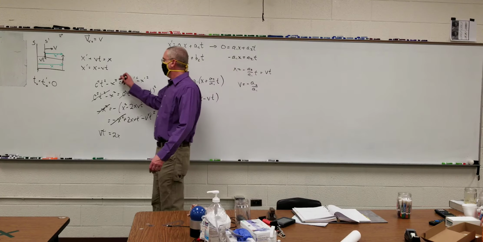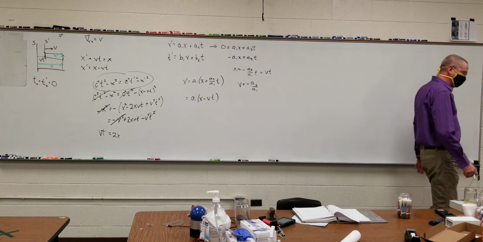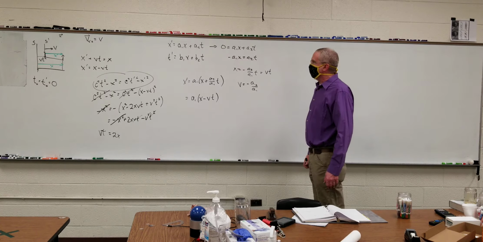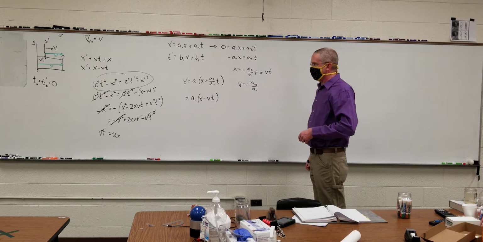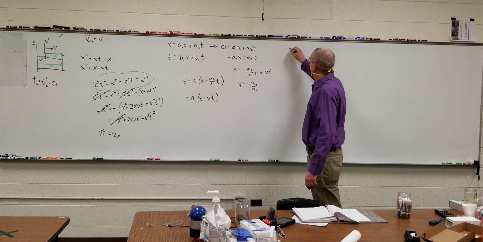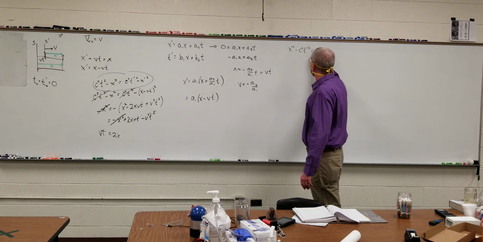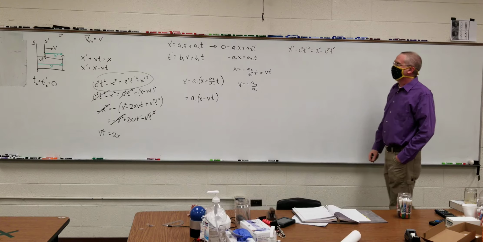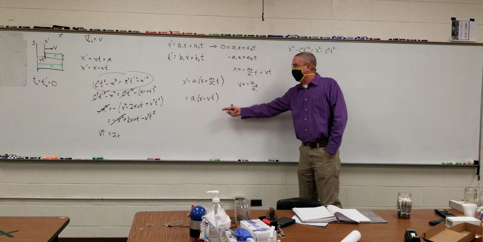So let's bring in our invariant. I am going to stick to my notes; for some reason in my notes I flipped it around, but it doesn't make a huge difference. I take all that and just flip sides. So, in other words, I have the x first: x prime squared minus c squared t prime squared is equal to x squared minus c squared t squared. I have a reduced formula here for x prime.